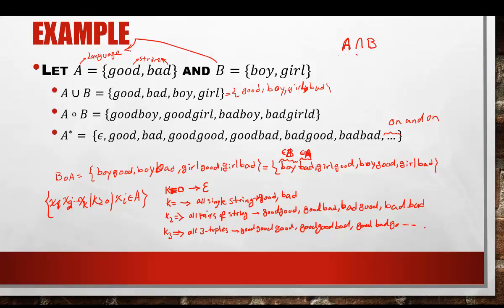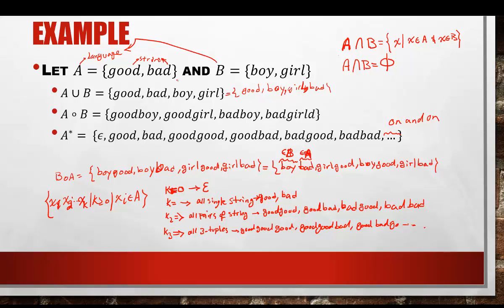If you have two languages A and B, the intersection of these languages is the set of all strings X such that X belongs to both of these languages. In this case, because language A was made of the strings good and bad, and language B was made of boy and girl, the intersection of A and B is the empty set, because there's no string that belongs to both of these languages.